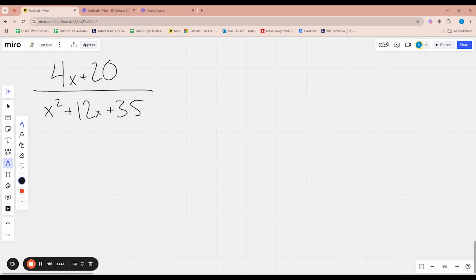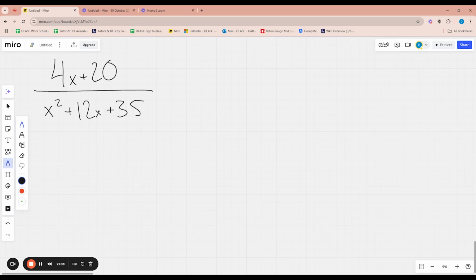And what we're going to do is three things. We are going to solve for the zeros of the expression. We are going to simplify the expression, and we can go ahead and graph it as well. So let's go ahead and simplify this expression, right?